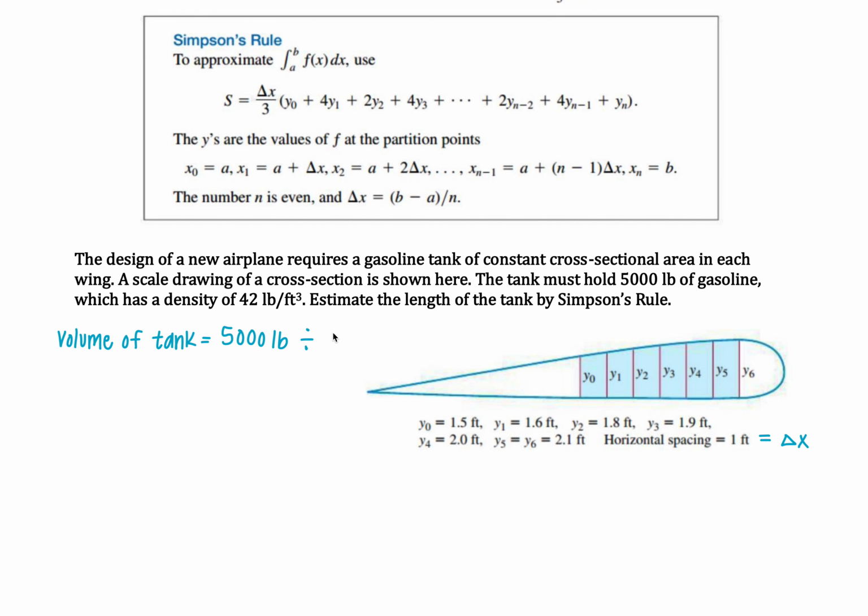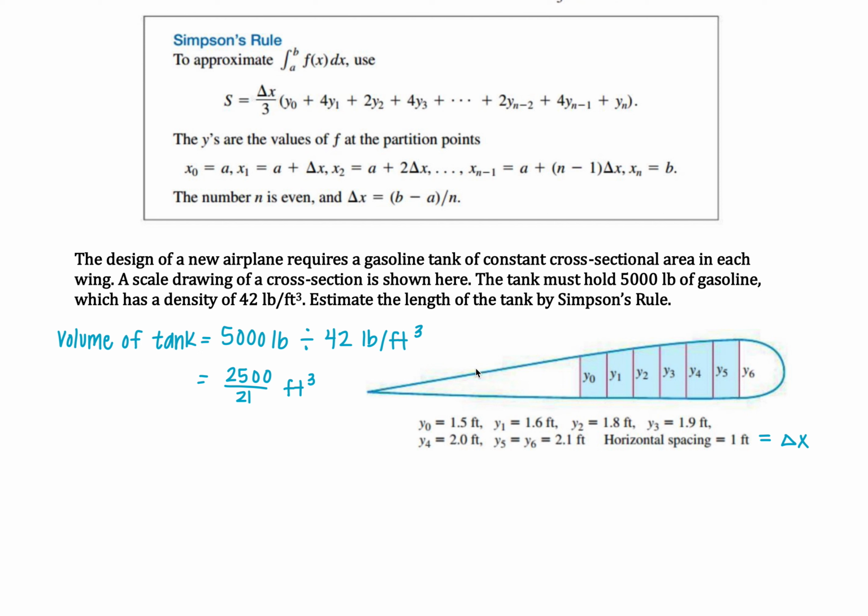So that's 42 pounds per cubic feet. If I divide this out, it's going to give me the volume of the tank, and I'm going to leave it in a fraction form. It'd be 5,000 over 42, which you could reduce to 2,500 over 21 cubic feet. So that's the volume of the tank in cubic feet.